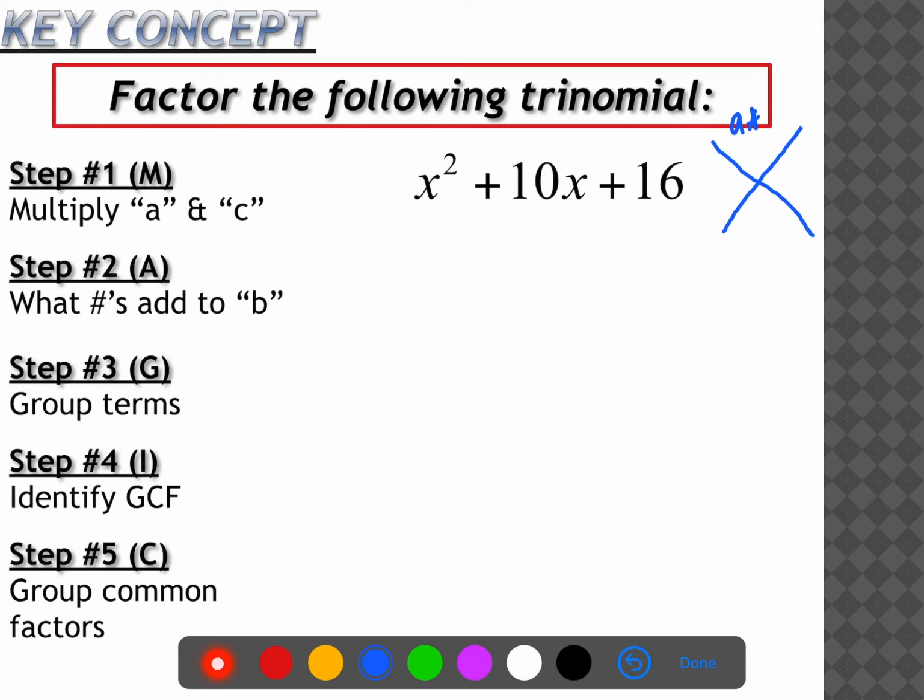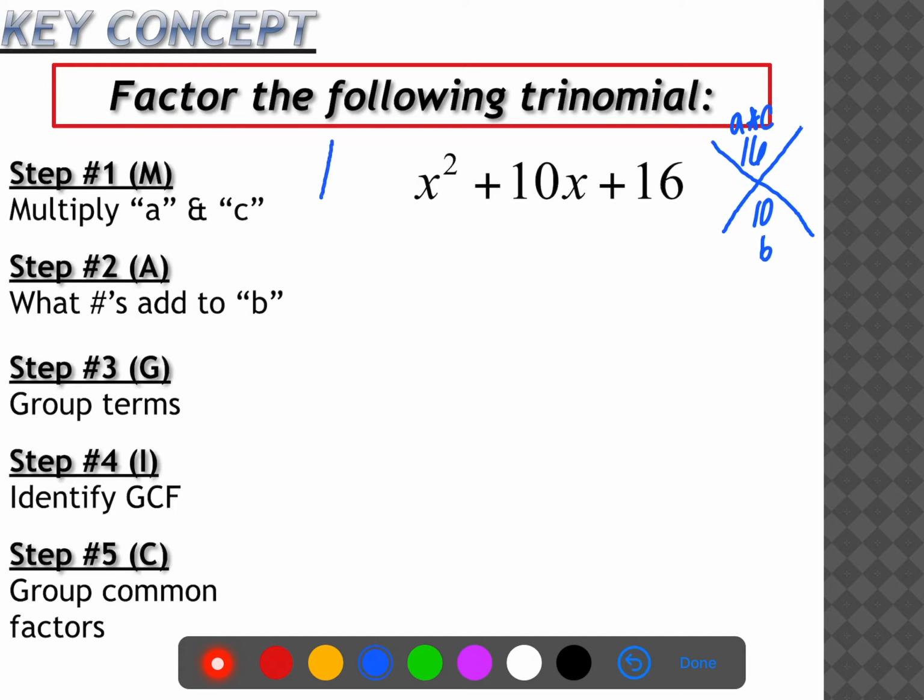On the top is where I place my A times C, and on the bottom is where I put my B. A times C is 1 times 16, so that goes on the top, and B is going to go on the bottom. So we're looking for the two numbers that multiply to 16 and add to 10.